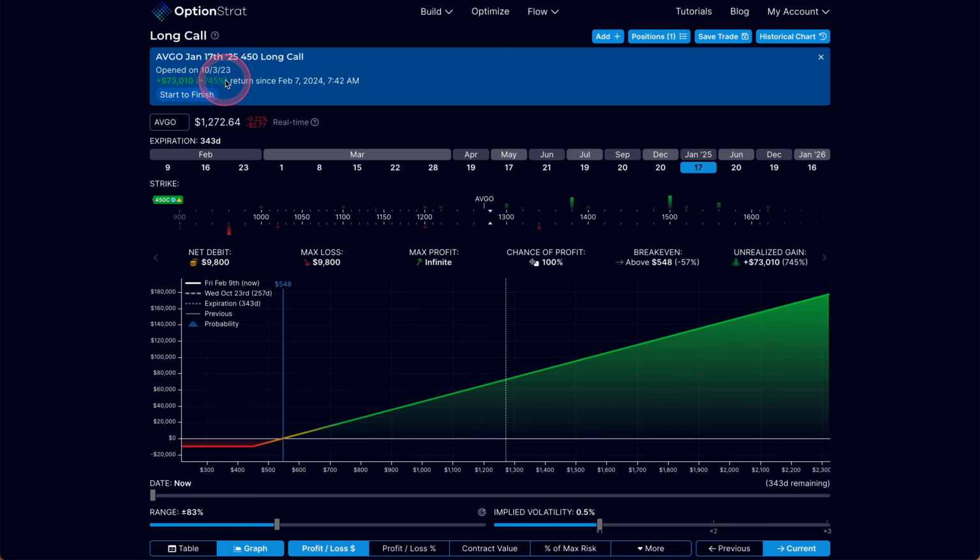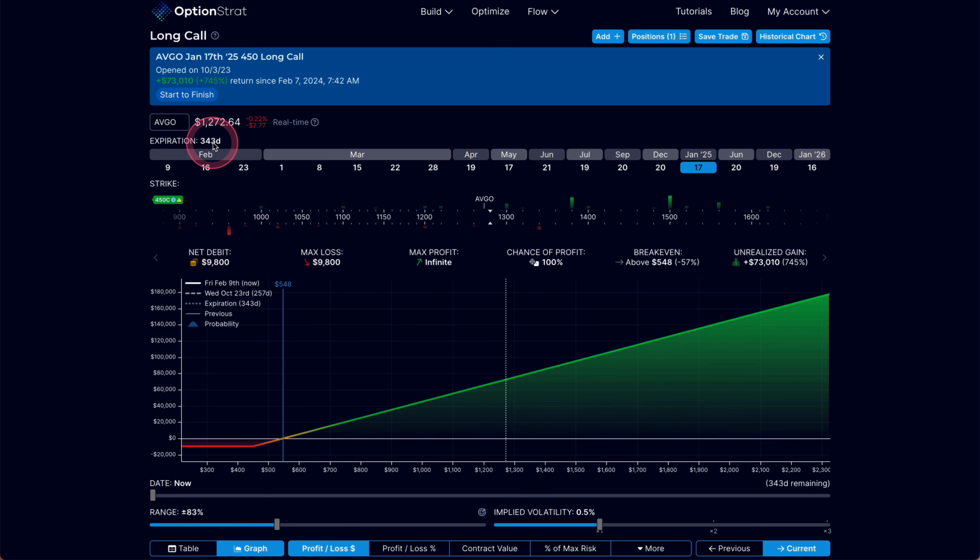So that's an example of, yes, back when I started this position, I needed to understand that the $9,800 that I paid for this option was all potentially going to decay out from under me if the underlying did not have a significant up move. But it was decaying at such a slow rate because, again, I purchased this over a year ago.